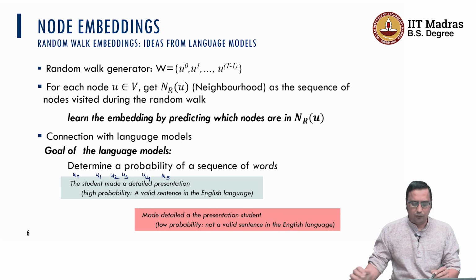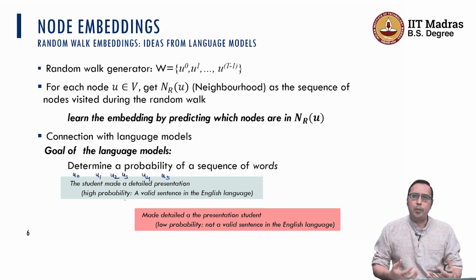Hence, if I want to give a probability associated with this sequence of words, I will give a low probability. Hence, we can see that there is a high probability sequence of words and a low probability sequence of words, and that makes a difference in their analysis.